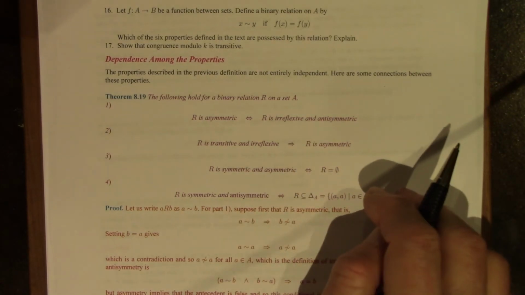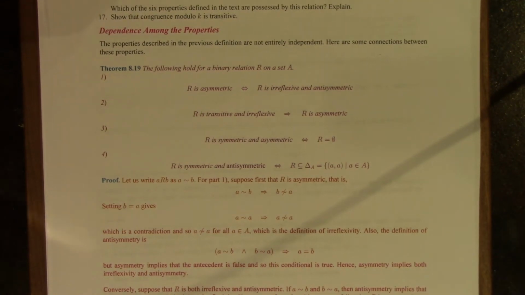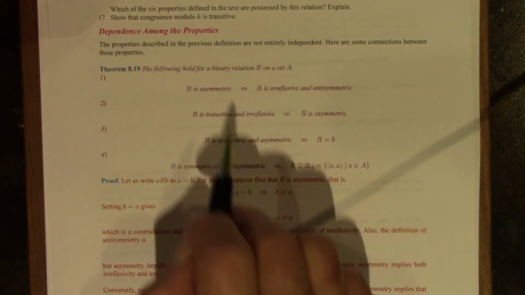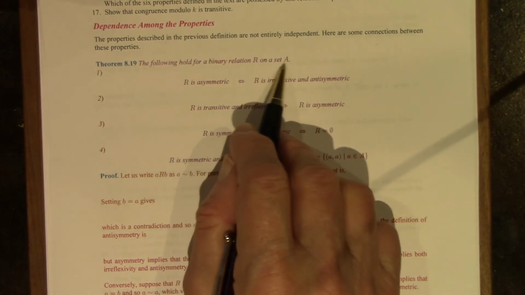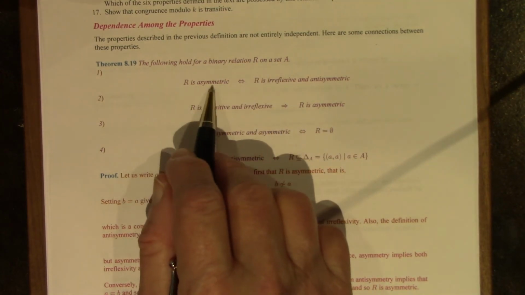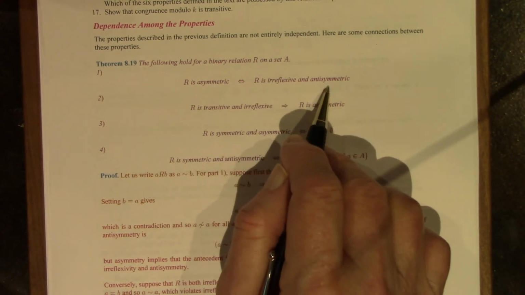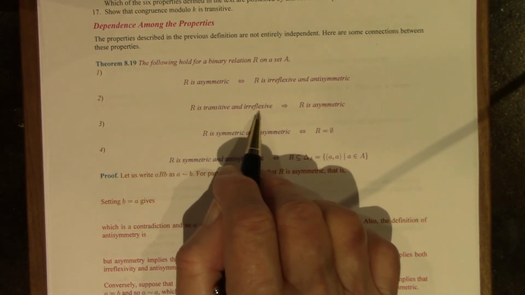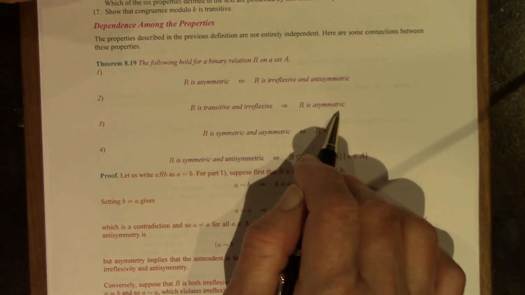The properties that we've been discussing, the ones that are described in the previous definition, are not entirely independent. And here are some connections between those properties. The following hold for a binary relation R on a set A. R is asymmetric if and only if it's irreflexive and antisymmetric. R is transitive and irreflexive implies R is asymmetric.